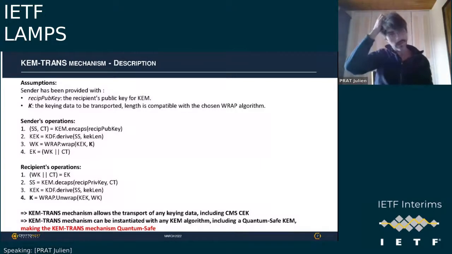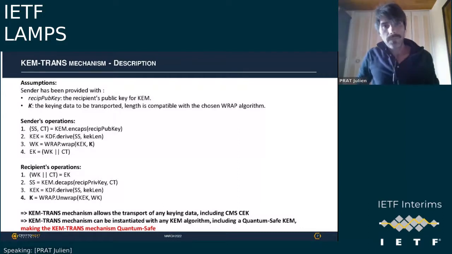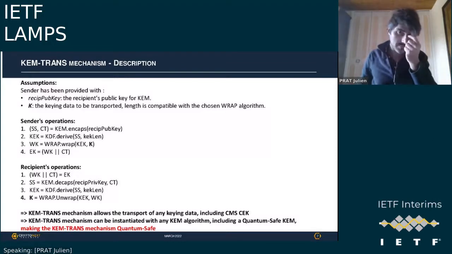Using a quantum safe KEM algorithm will make the whole ChemTrans mechanism quantum safe. So that's it for the description of the mechanism. And next slide, please.